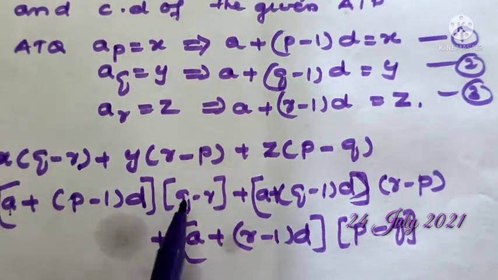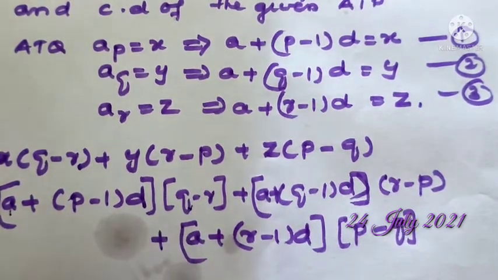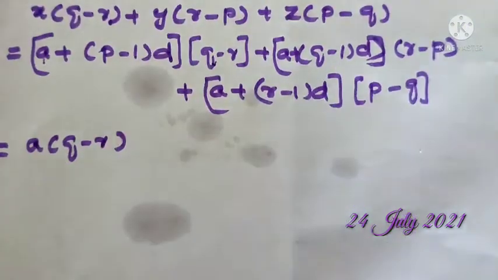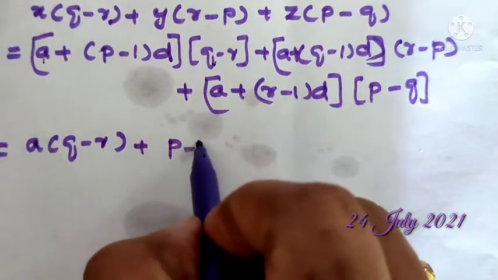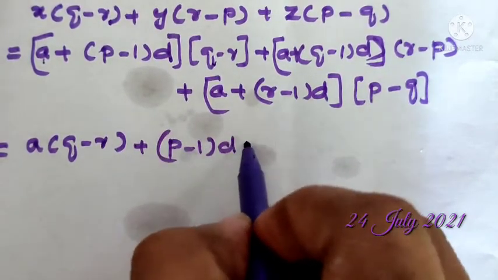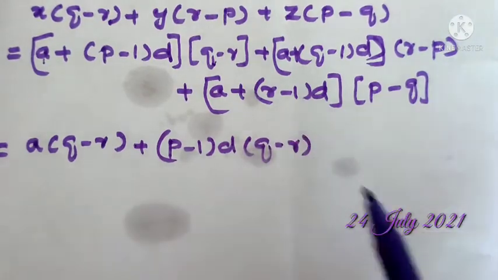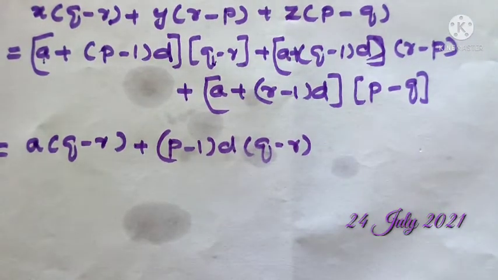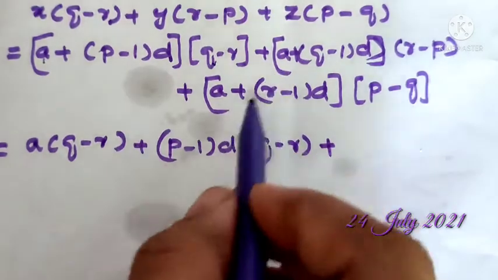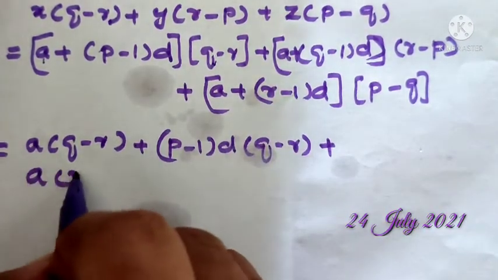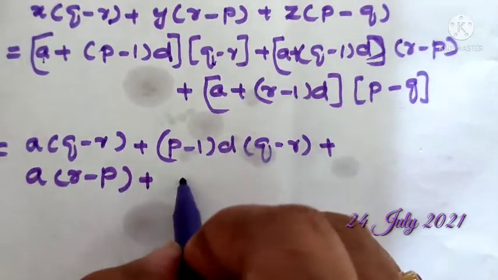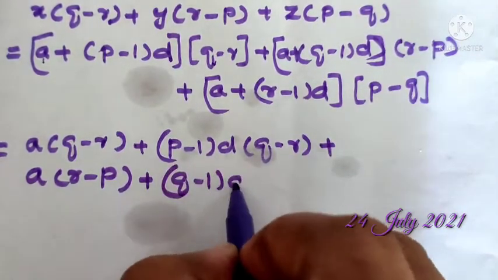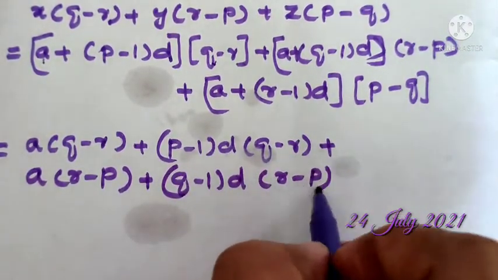So A into q minus r plus p minus 1 into D into q minus r, plus second part A into r minus p plus q minus 1 into D, the bracket is r minus p.